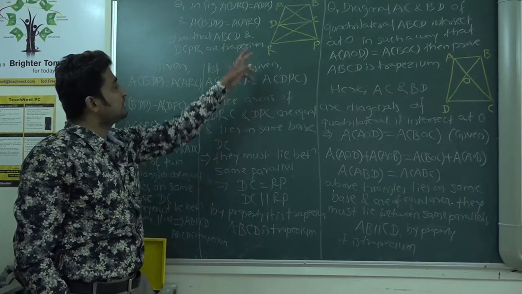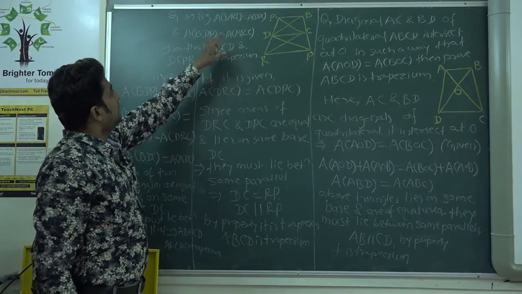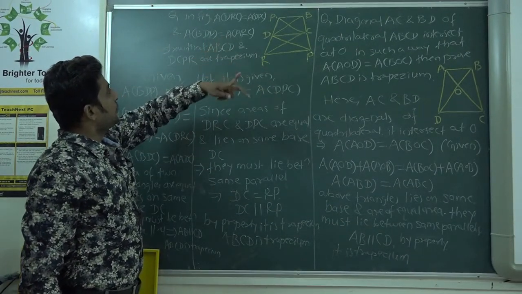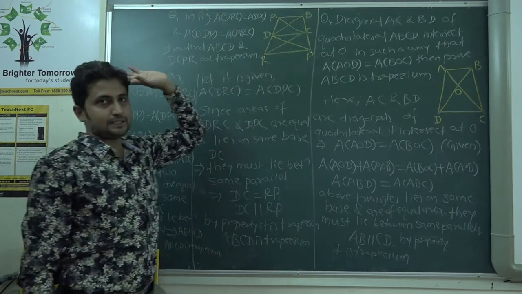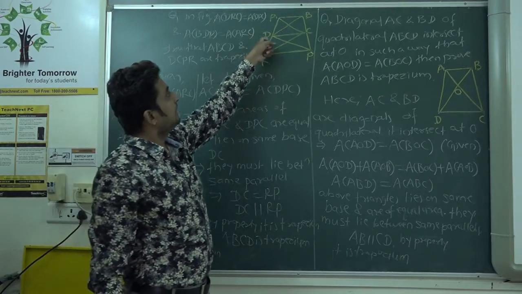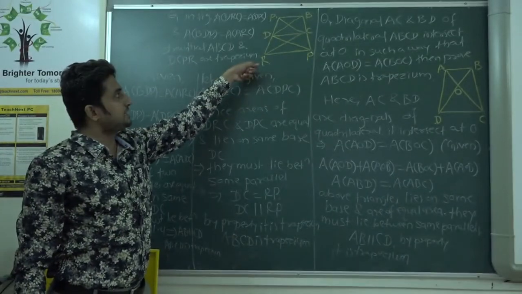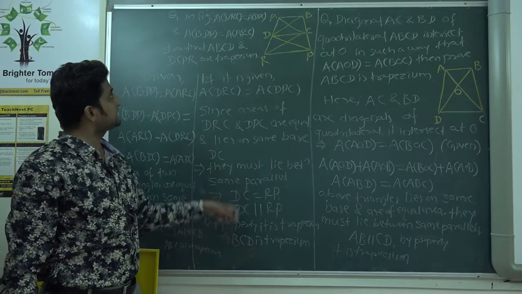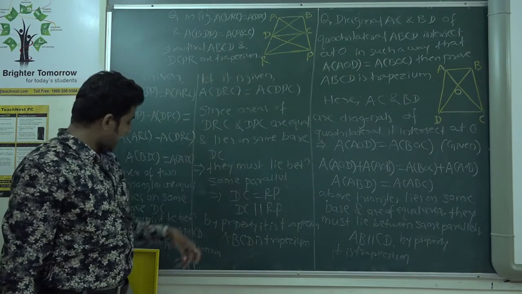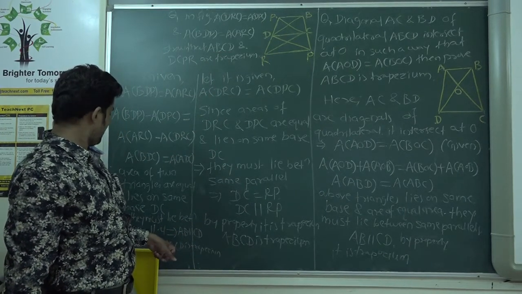Dear students, we are utilizing here two different results. We are proving two different results. One, we have to show that ABCD is a trapezium, and in the next result, DCPR is also a trapezium. So we are proving both results. ABCD is a trapezium, this is proved, and this DCPR is also a trapezium.